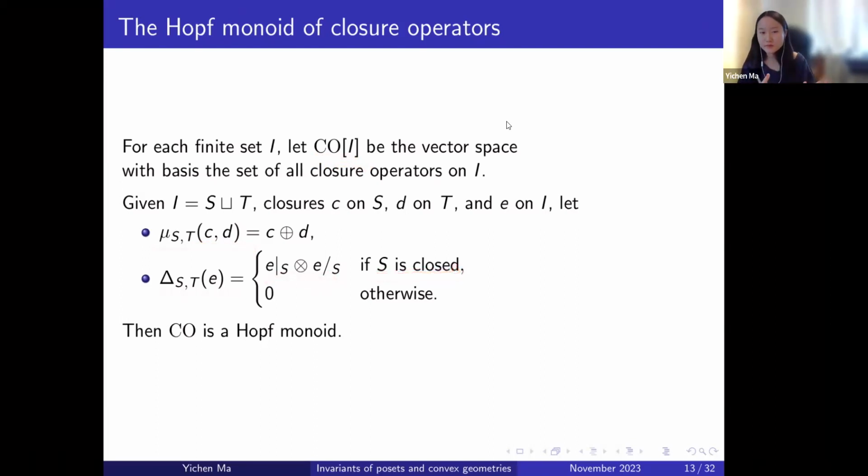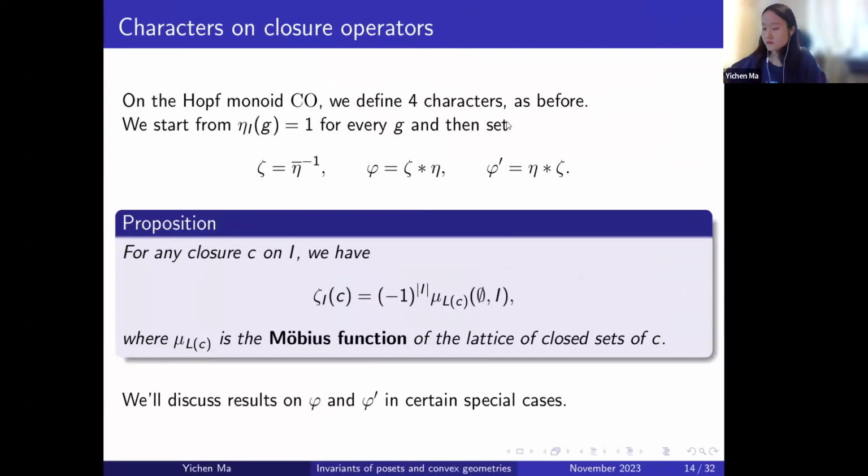So these operations, with the definition of the vector space, give us a Hopf monoid structure.